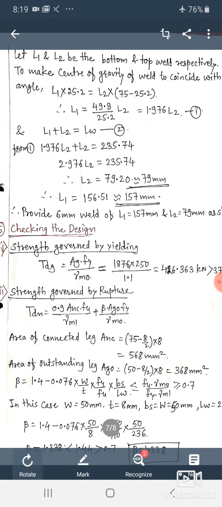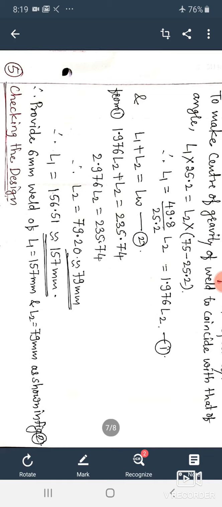To make the center of gravity of weld coincide with that of angle, we have to take the moment about the centroidal axis. So L1 into 25.2 equals L2 into 75 minus 25.2.